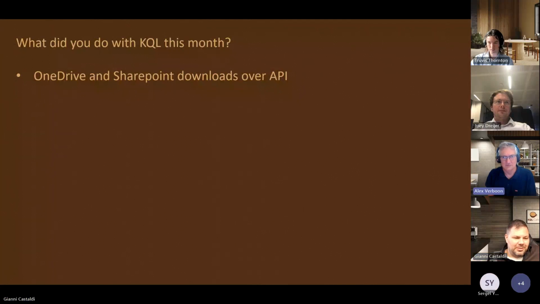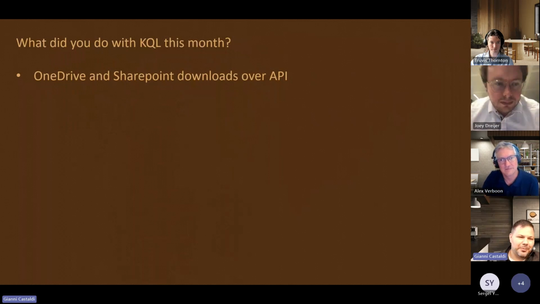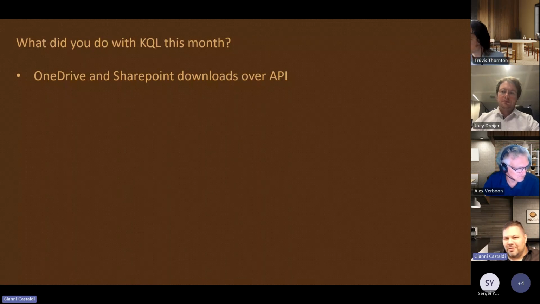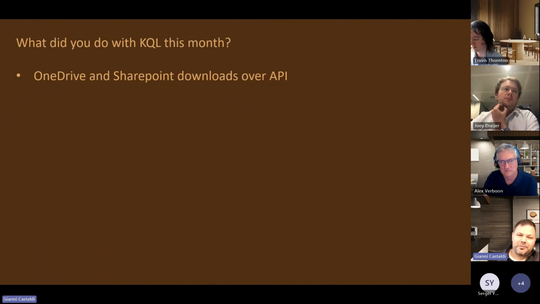Great. And I think it's my turn today. For this month, I couldn't decide on any good learning KQL operators. So I decided to have a bit more fun with what did you do this month with KQL, because over the last couple of months we have the Microsoft Graph API logs, and I started playing with that. Then at one point I remembered that last year I had a course from Dirk-Jan Mollema where we played around with the Graph and downloading files.